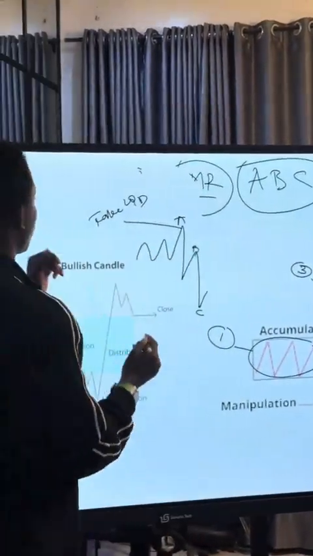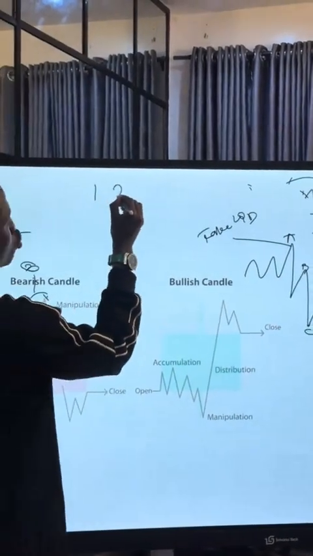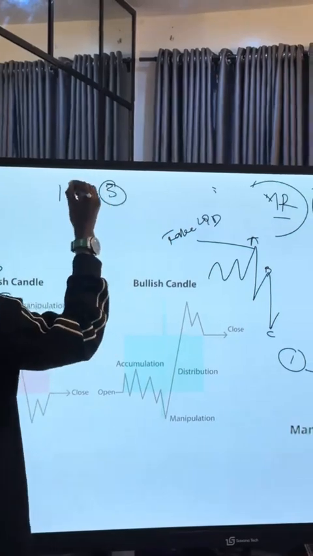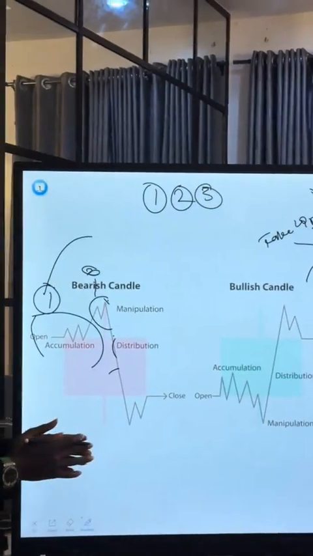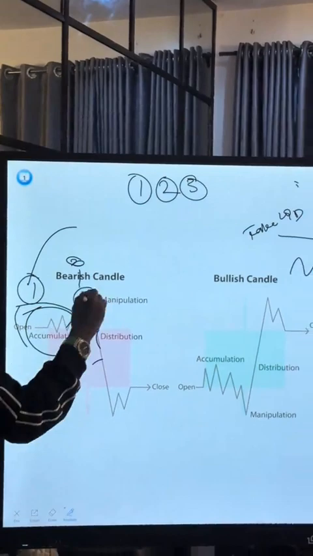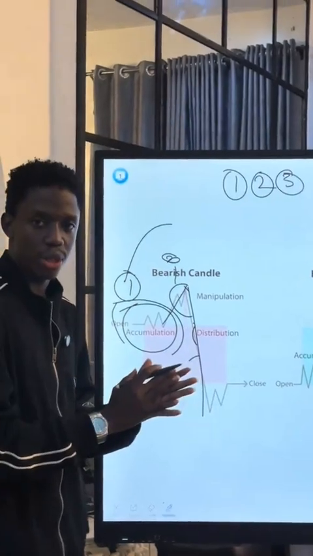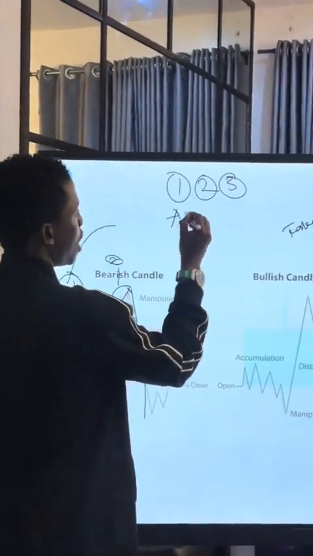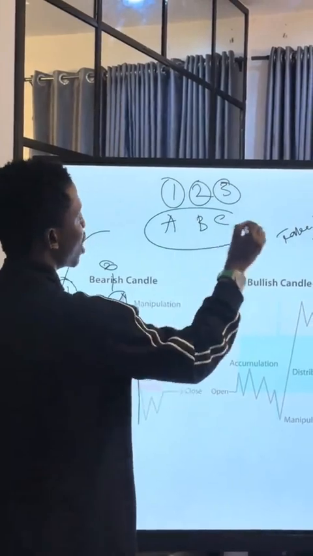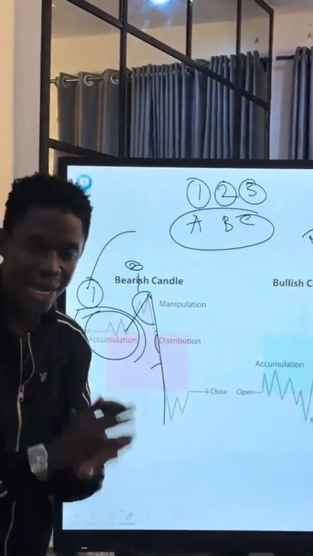So with the use of my 1, 2, 3, which is the market maker model, which is the consolidation, manipulation, and expansion, you will get yourself a trading range. But with my use of A, B, C, you can now organize yourself an entry.